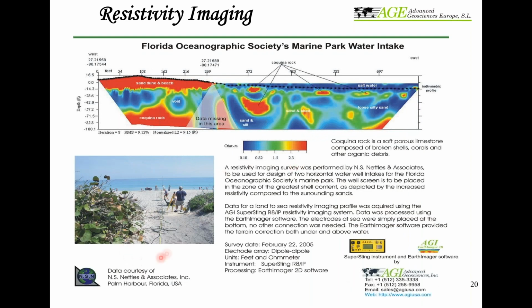Here's another example, starting from the shore, just on the beach, and going into the water, and then the cable actually starting from land, the water, going all the way to the land.